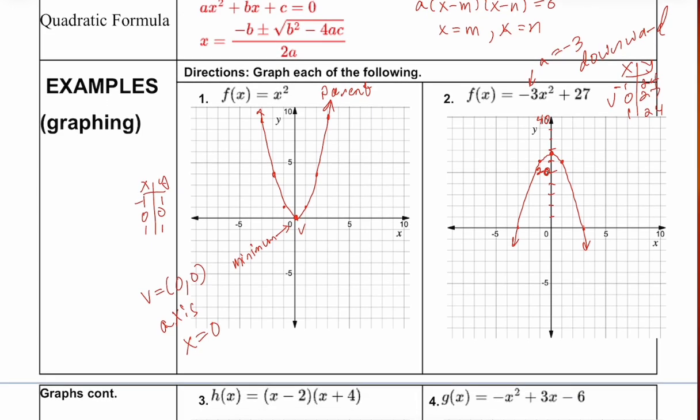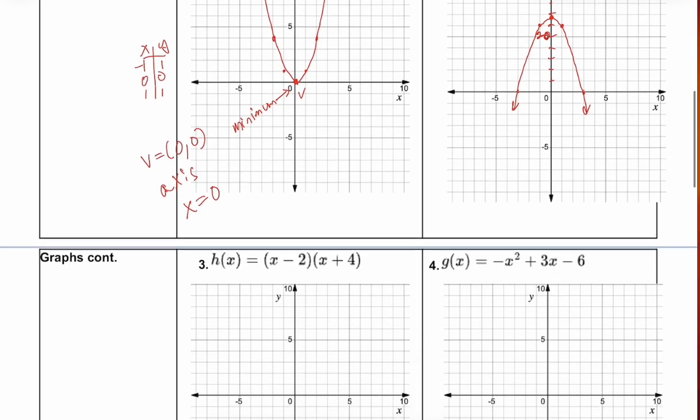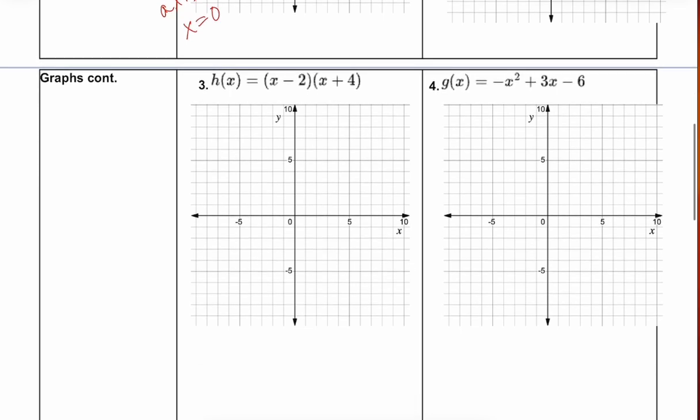Your vertex is always going to be at 0. The problems occur in graphs like 3 and 4, so I really want to talk about 3 and 4. If it is in factored form, like number 3, we have some very specific things we can and cannot do to help us. So I'm going to start with 4 and move backwards into 3, okay?